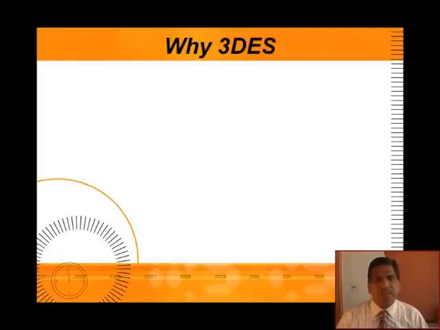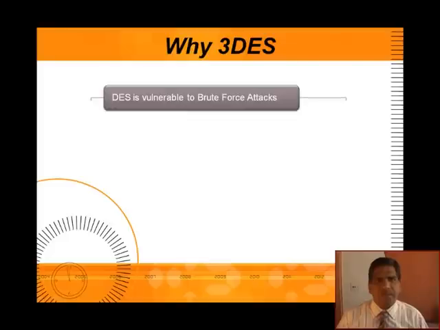First thing that we need to understand is why we have to make use of triple DES. The reason is simple. The DES algorithm that we saw last time around is vulnerable to brute force attacks. Brute force attacks means when you use a 56-bit key for encryption in the DES algorithm, people can try a variety of combinations of that 56-bit key to decipher the original plain text from the cipher text.